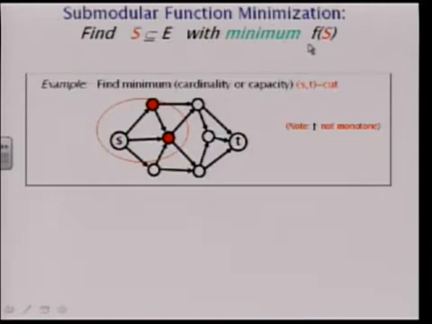Well, in this example, let's say we want to find the minimum s-t cut. What does that mean?